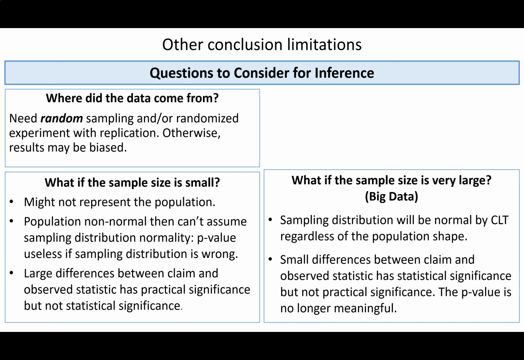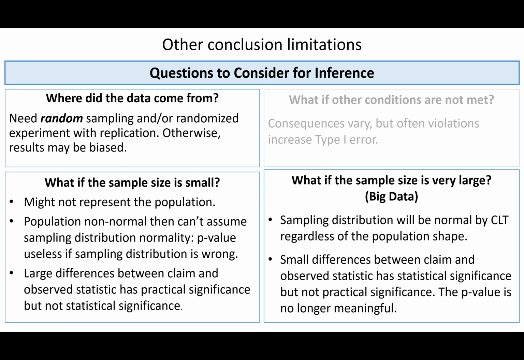So just know that if you force your sample size big enough, eventually you'll get a small p-value. It's kind of cheating, though, to just increase your sample size until you get significance. That is gross, absolutely. Other conditions not being met, it totally varies depending on which conditions they are. A lot of times they're going to inflate your type 1 error. So in general, though, we're pretty bummed when they're not met.